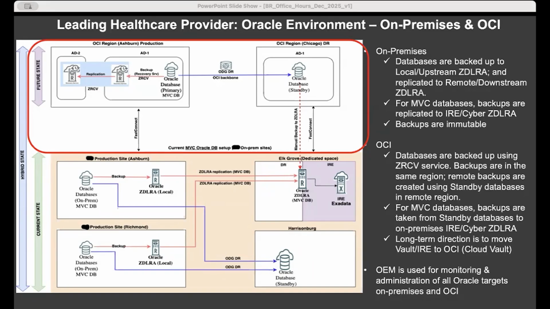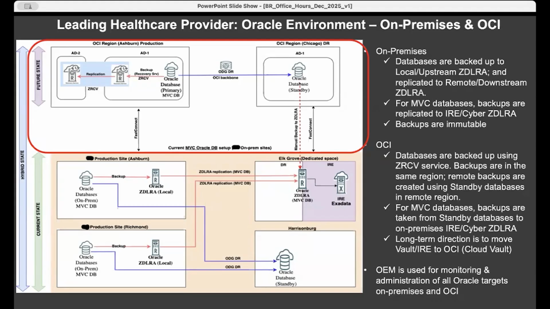The standby databases are created in the remote region using Data Guard, and from there we take another backup to the ZDLRA. These backups are manual, and they go to the ZDLRA we have here, which is used as Cyber Vault for the cyber resiliency setup. After that it is the same, right?